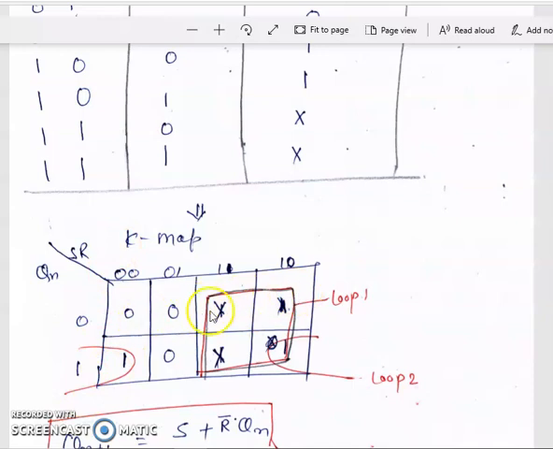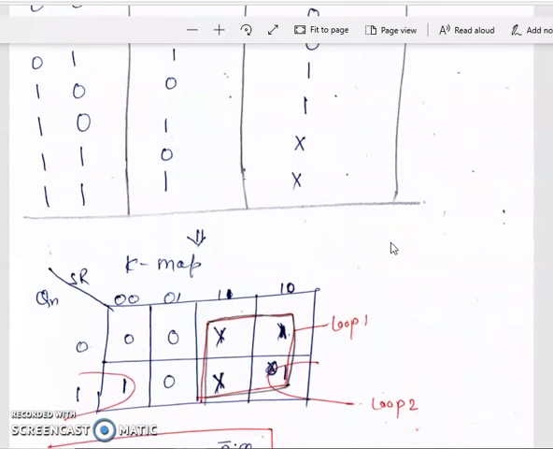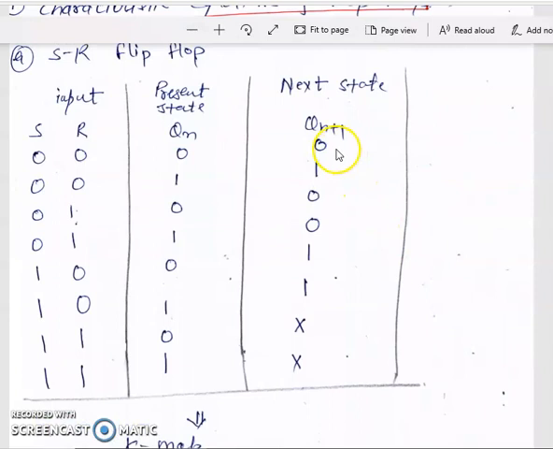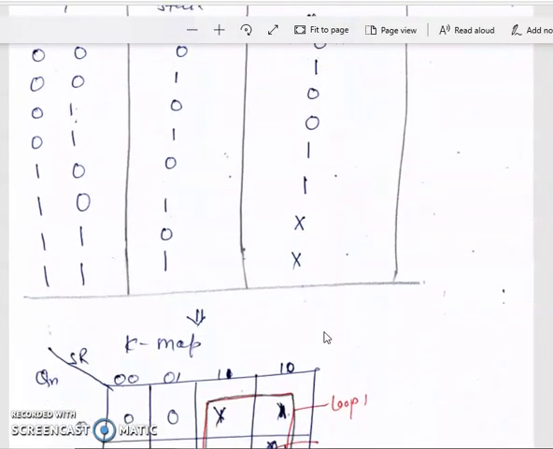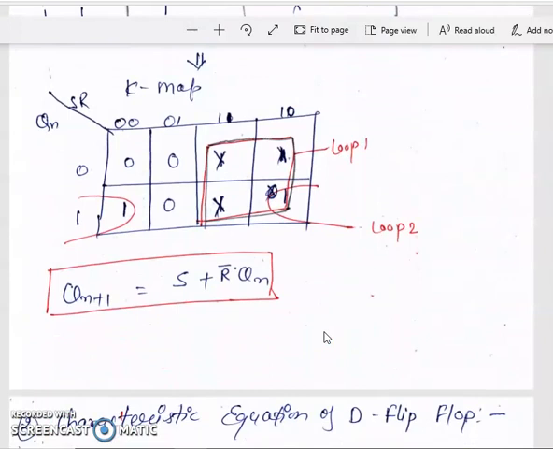After filling this K map from the Qn plus 1 entries, where SR are having the 1, we obtain the K map here, and don't care is also used. This is a quad, this is an octet, sorry, this is a quad, and one pair is also present here.